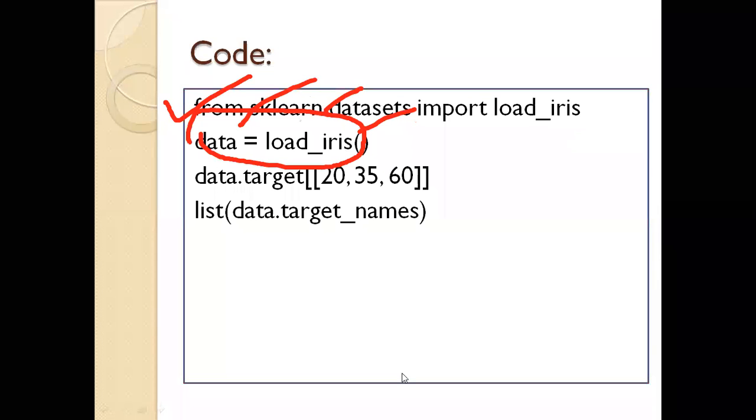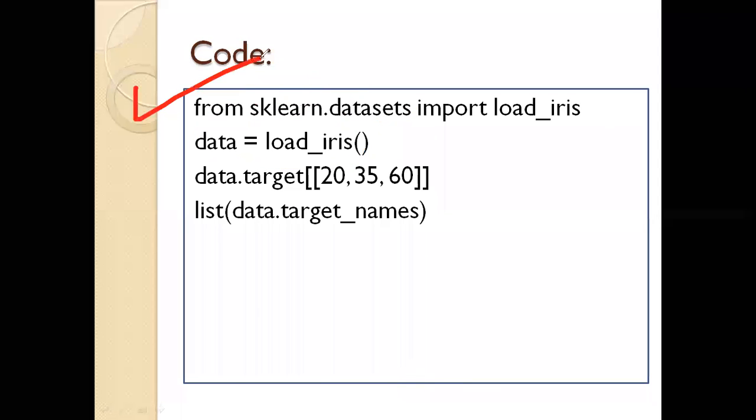So let's begin. The code will be: from sklearn.datasets import load_iris. Then place it in data, that is data = load_iris. Then data.target for the particular samples we want, 20, 35, 60. Now you just need to use list(data.target_names), you know about the dot operator, the membership one.